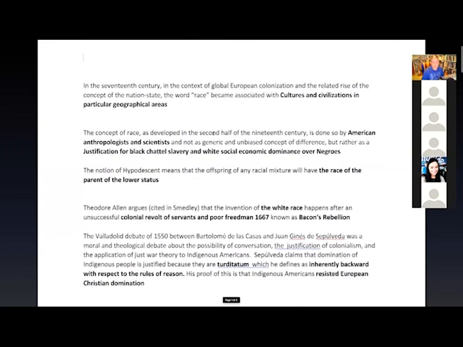In the 17th century, in the context of global European colonization and the related rise of the concept of the nation state, the word race became associated with cultures and civilizations, in particular geographical areas. So this is the idea that we talked about, the proto-race concept. It's not really biological, but in the context of global colonization, the various indigenous places of the world become segregated by race.